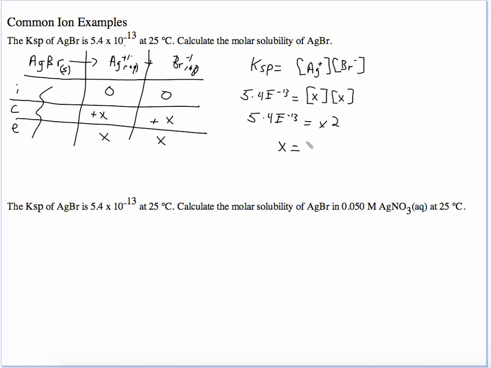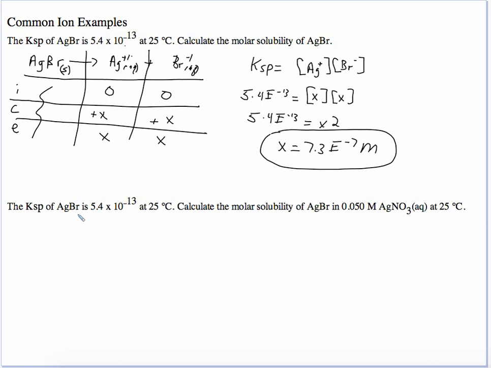If we solve for X, we get 7.3 e to the negative 7 molar. So that would be the molar solubility of silver bromide in pure water. You could make a solution of silver bromide 7.3 e to the minus 7 molar. That's the maximum molarity that you could make.